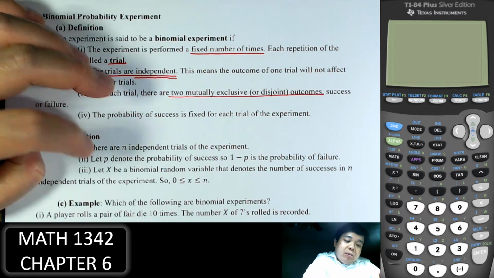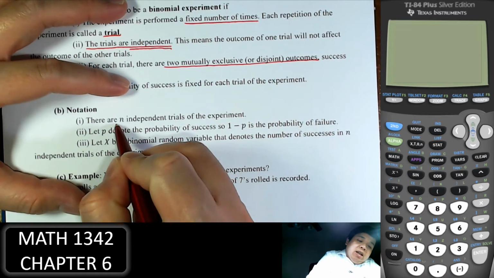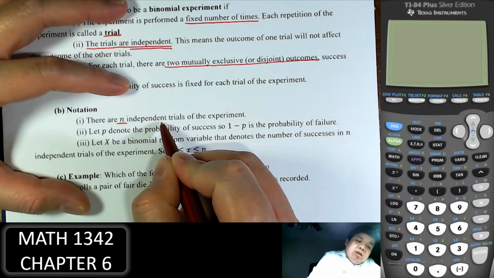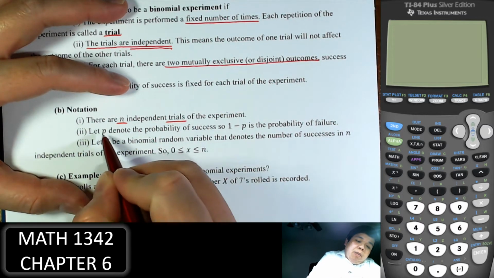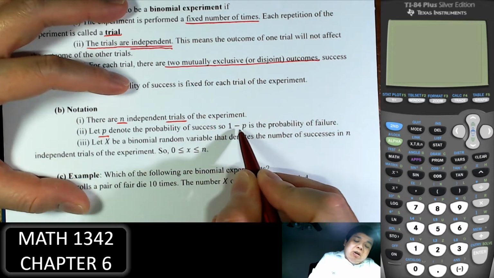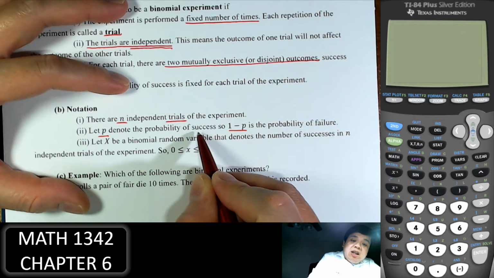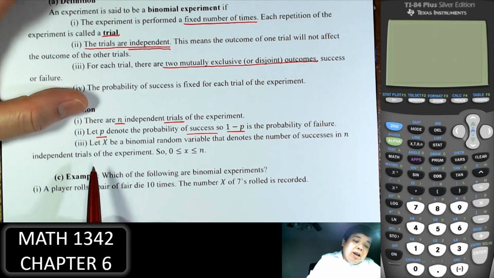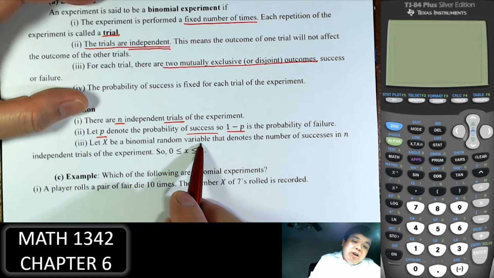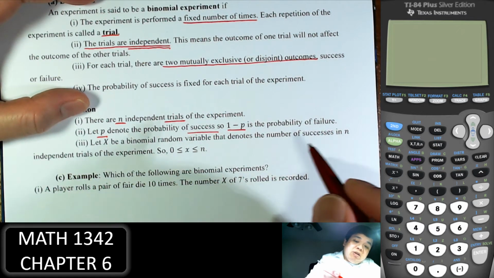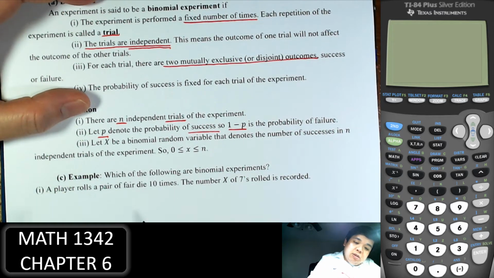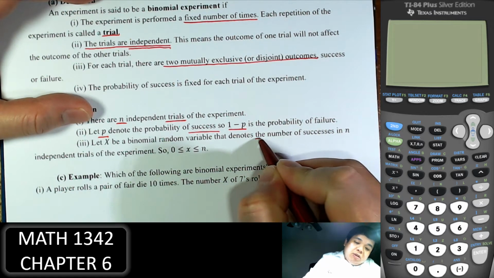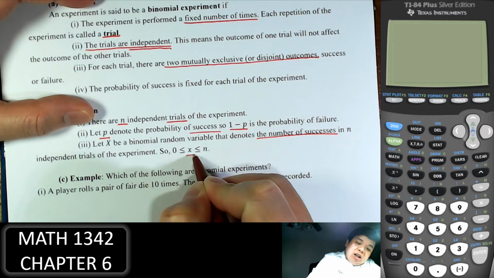Right. The notation: we call n the number of trials. p denotes the probability of success. Success here is defined as whatever the desired outcome we want. And let capital X be the random variable and little x is the number of successes. So the number of successes is defined by the little x.